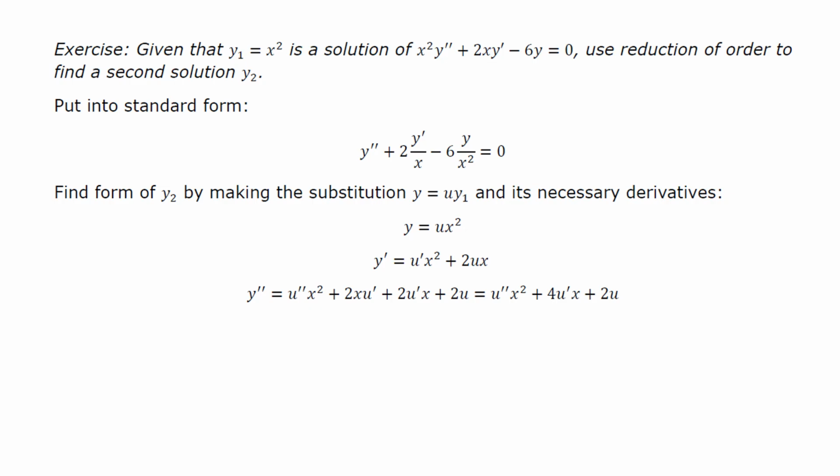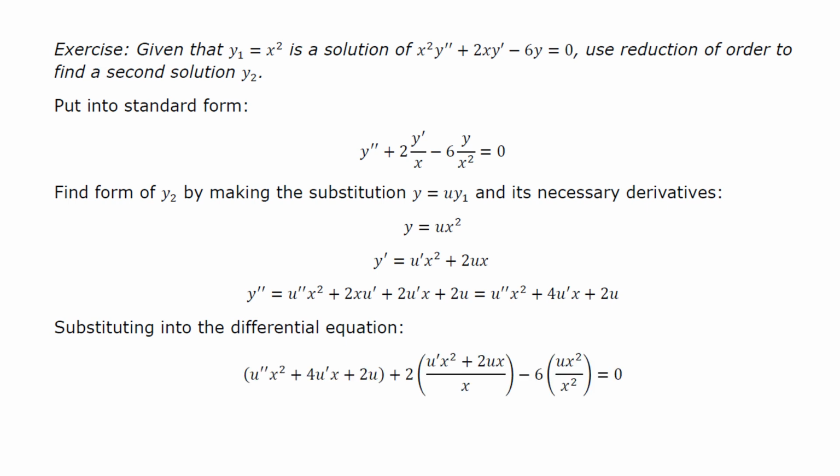Okay, so now we have y prime and y double prime, so we can substitute these expressions into the standard form of our DE. I will insert the expression for y double prime, then the expression for y prime and for y.